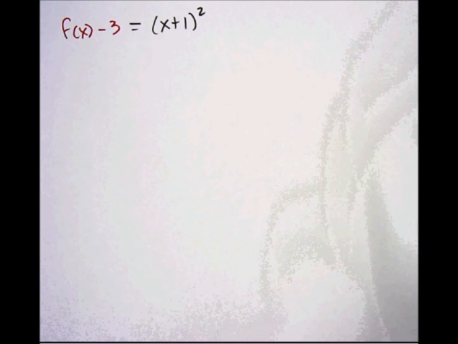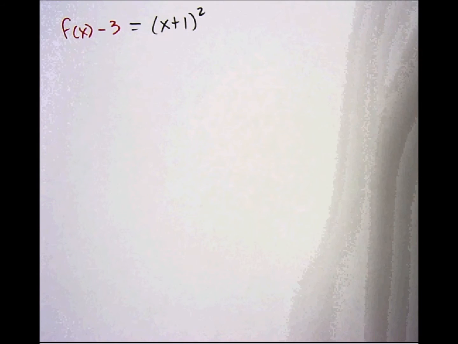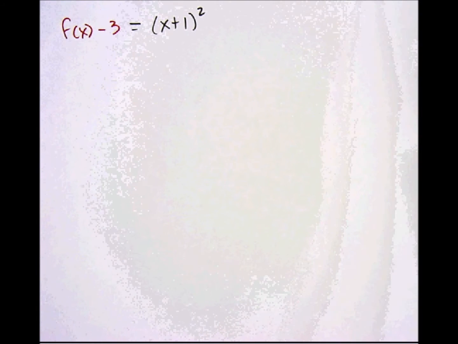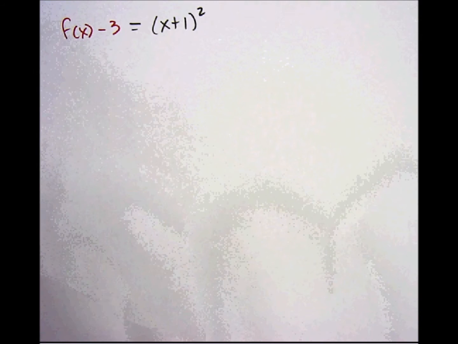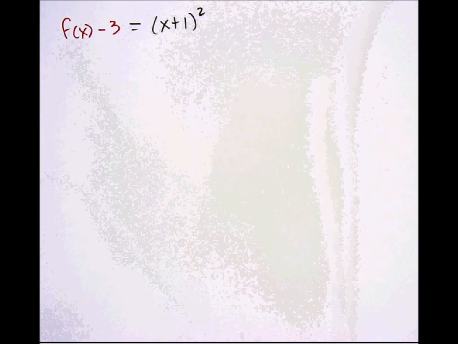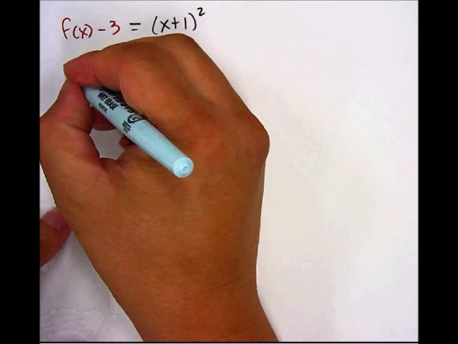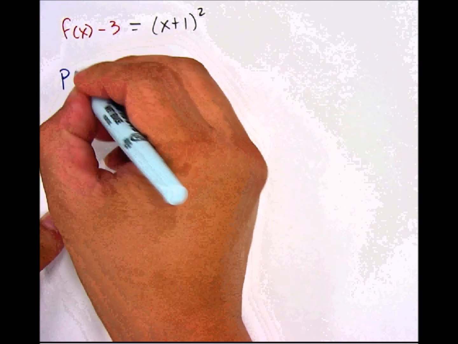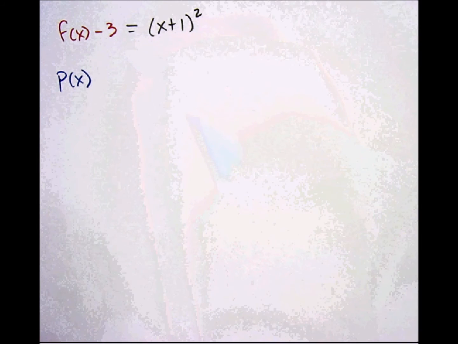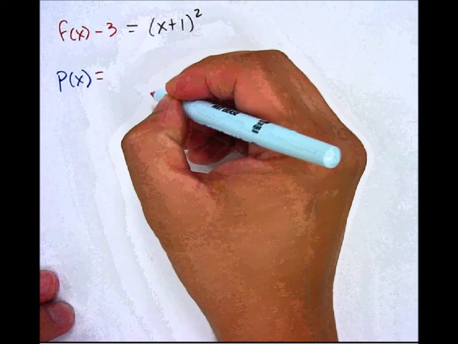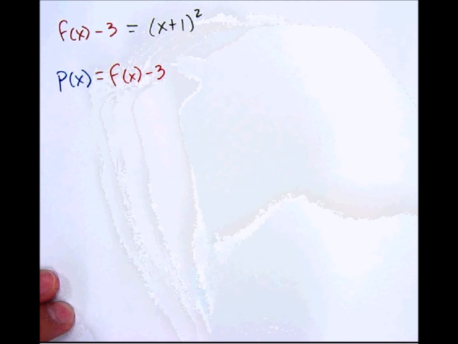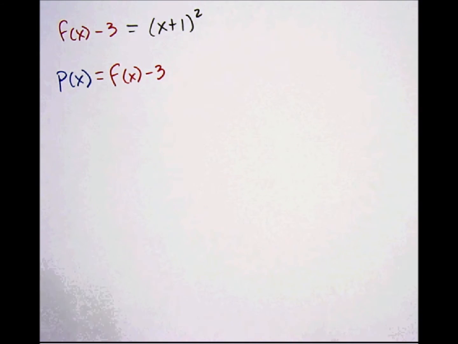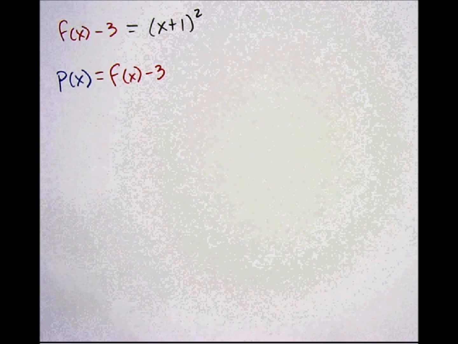Now, reorganizing this so that we know what's happening to the y's and what's happening to the x, we can now explore what we do to p of x, the parent function, to get to our function f of x. So let's do it. I'm going to organize the y values together, and I know now that not only is writing it as f of x minus 3 a good way to organize your transformations, but it actually tells me if I want to get back to the parent function, I just take my f of x from my table for f of x, subtract 3 from all the y's, and I'm there.